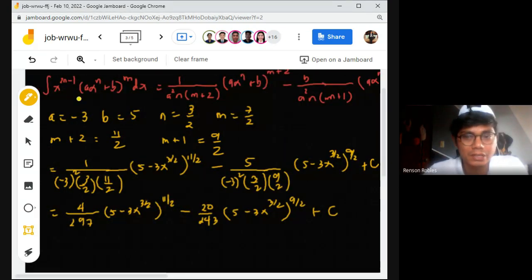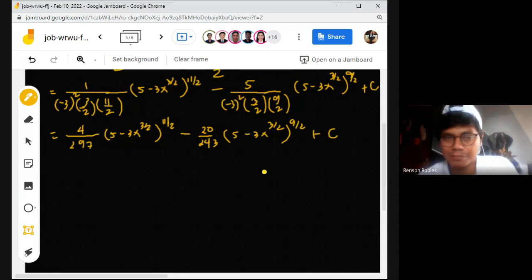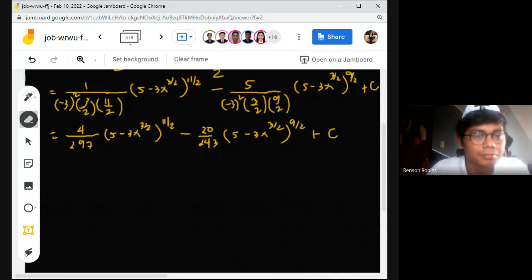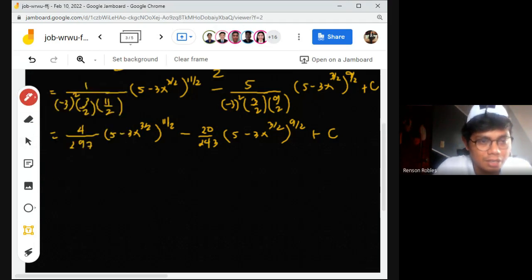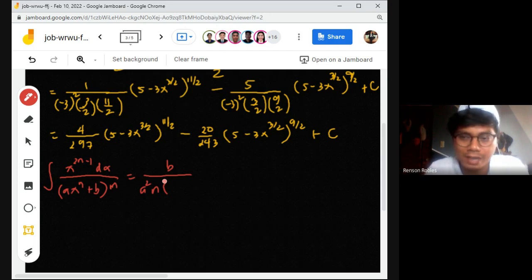Okay, let's modify this. You will be using the same, but I'll just invert it. And then, again, you apply the same procedure to verify my formula. So, if you have integral of x raised to 2n minus 1 dx all over ax raised to n plus b raised to m, I'll just invert it actually. b all over a squared n. Then, instead of plus, it will now become minus because it's now written on the denominator.